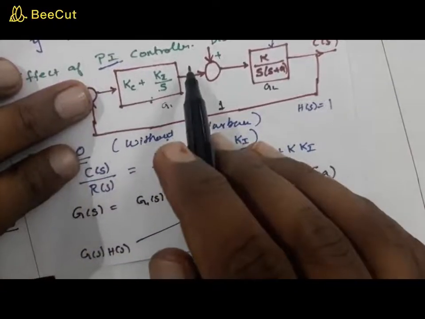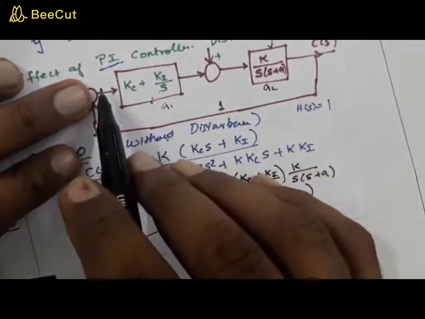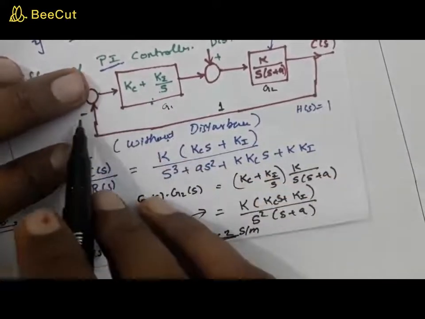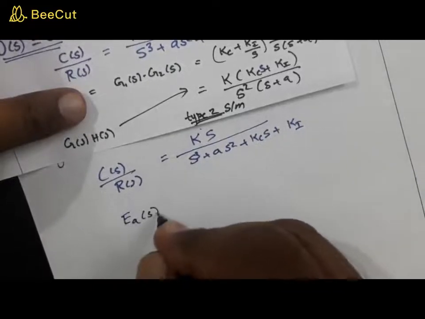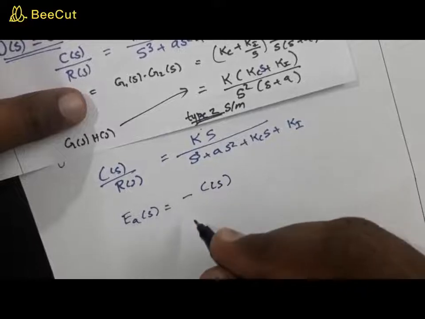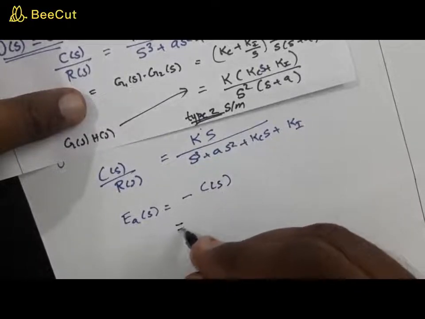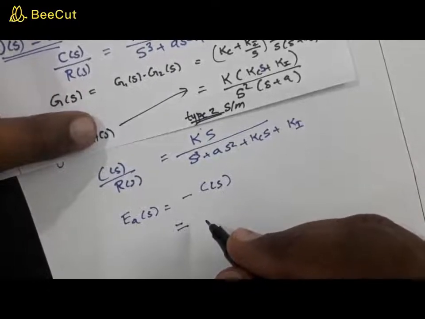So what must be the control signal? The actuating signal that comes over here will be minus C(s). So Ea(s) is actually equal to minus C(s), right?